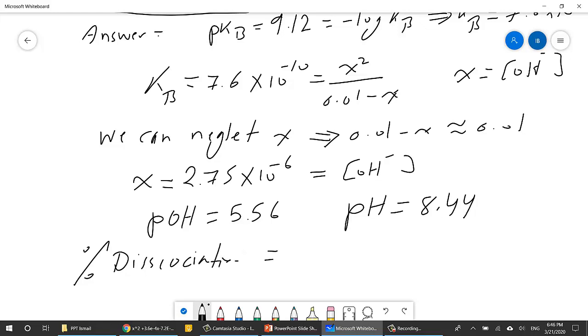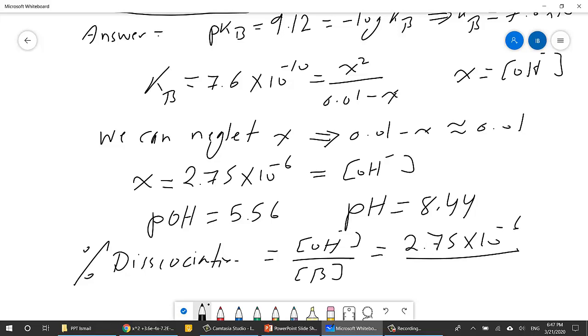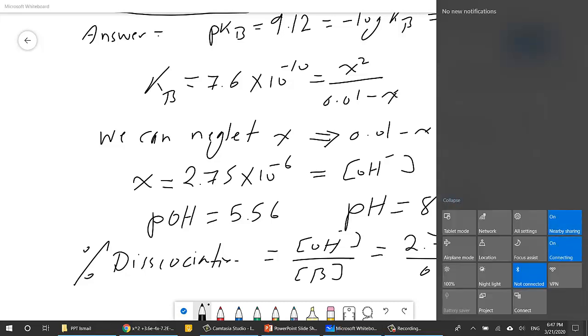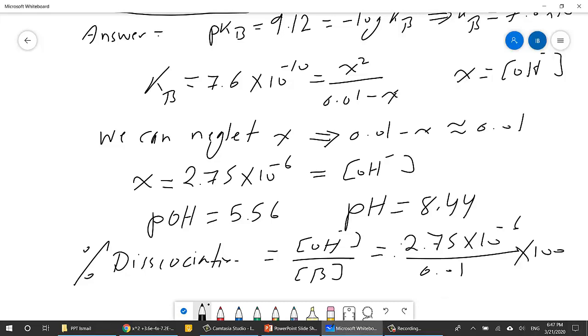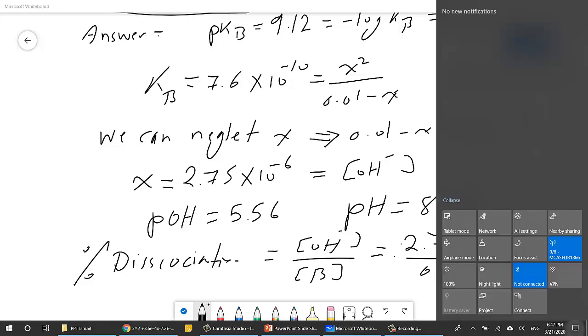Percent dissociation is equal to the concentration of OH minus divided by the initial concentration of the base. We know that the concentration of OH minus is the x value that we found, which is 2.75 times 10 to the minus 6, divided by the initial concentration, which is 0.01, times 100%. That's how you do these things.